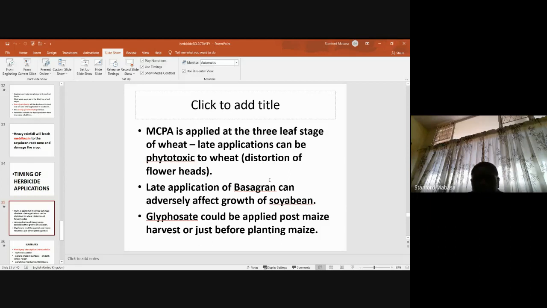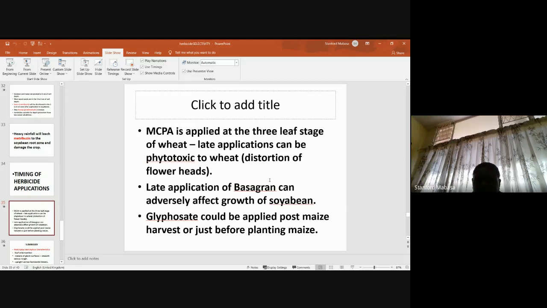Then a later application of Basagran can also damage soybean. Basagran is used to control weeds in soybean, and it should be targeted also at the 3-trifoliate stage of soybean. If you apply it later than this stage, then soybean may be damaged.